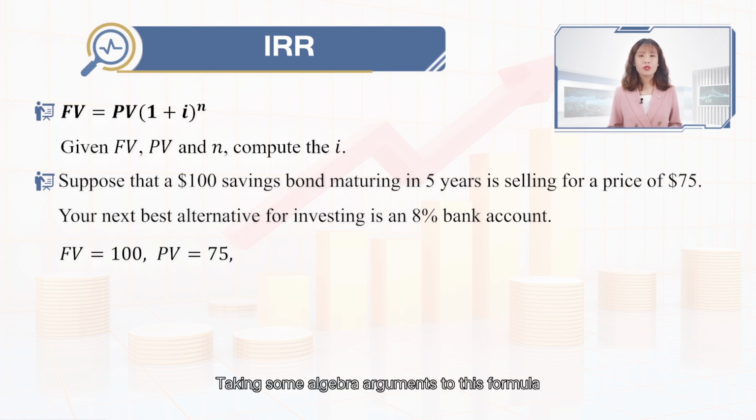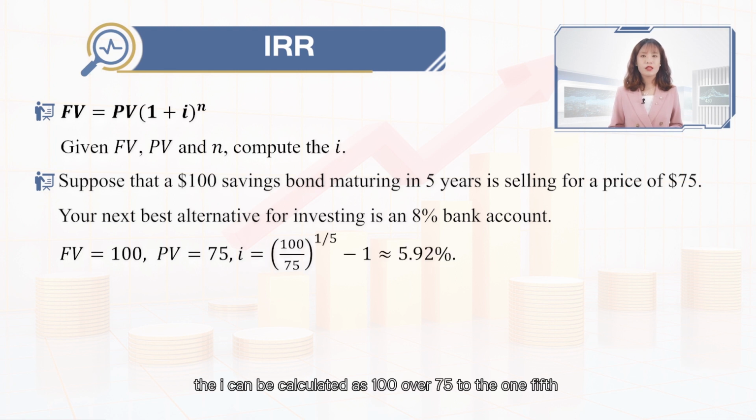Taking some algebra to this formula, the I can be calculated as 100 over 75 to the 1/5, and then minus 1, which is 5.92%. This means the interest rate of the savings bond is 5.92%, while the interest rate of the bank account is 8%. Clearly, it is better to put the money in the bank.